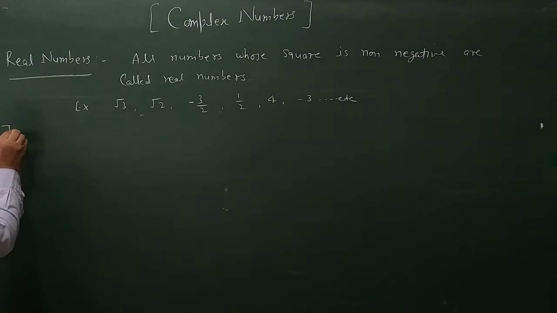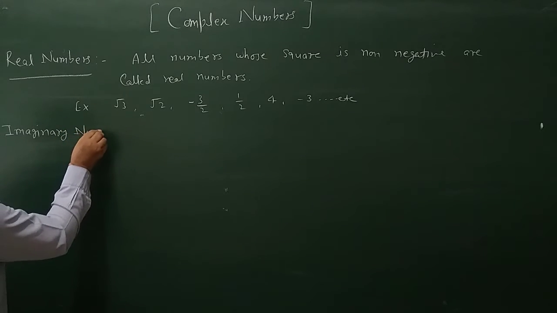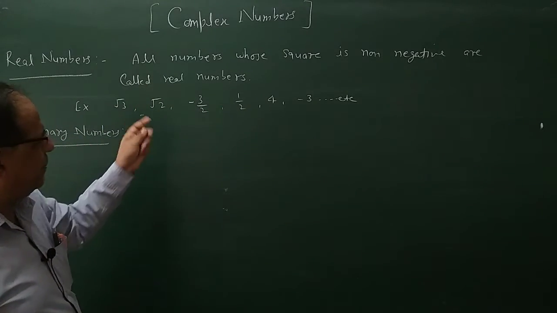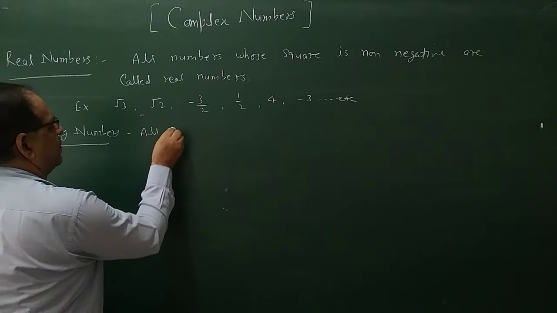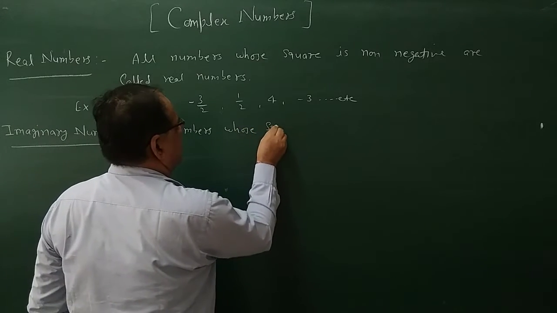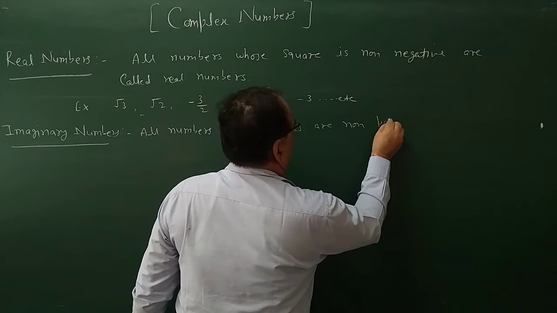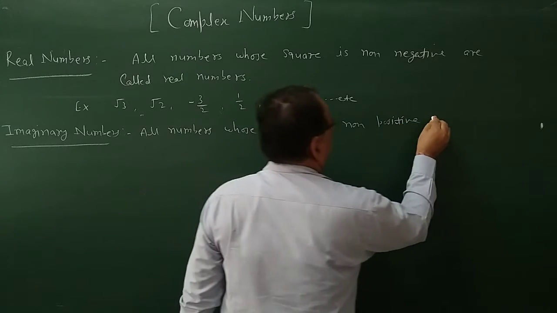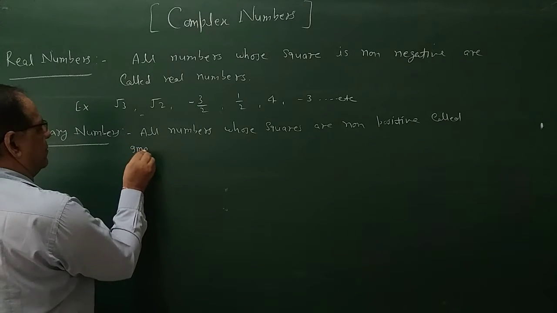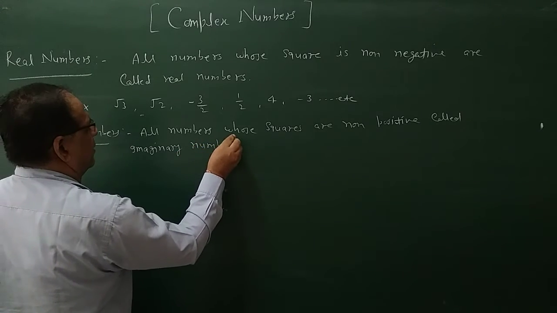Now, one more term: imaginary numbers. All numbers whose squares are non-positive are called imaginary numbers.